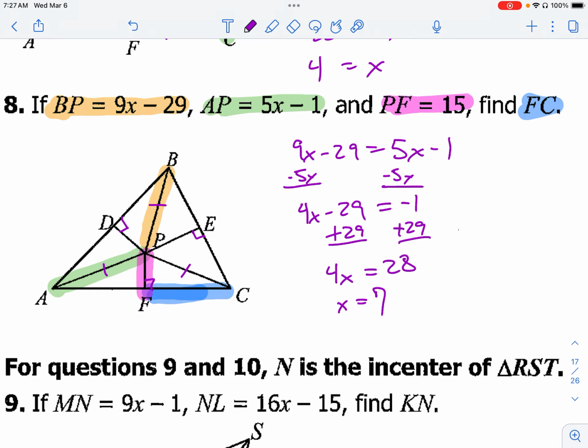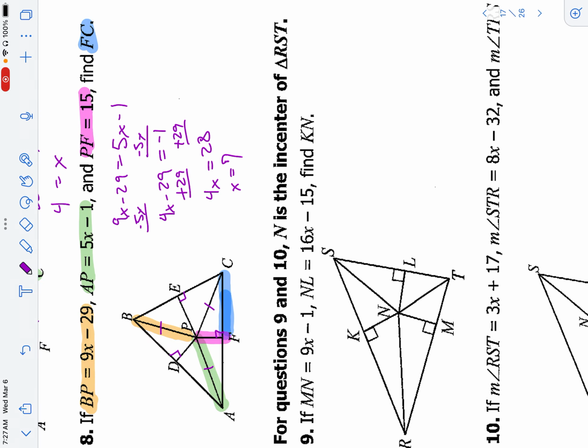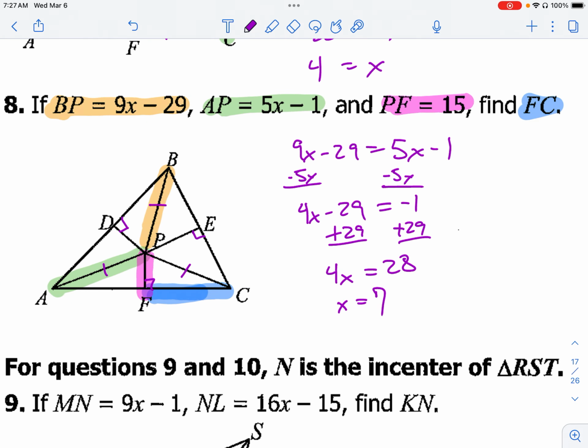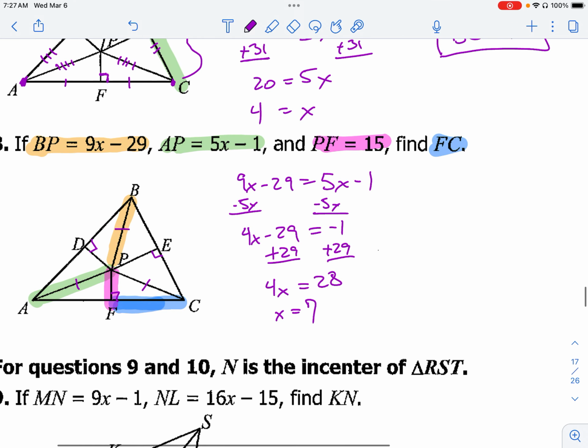And now we know the length of all of the segments from the circumcenter to the angles. And it's going to be 9 times 7 minus 29. So 9 times 7 is 63 minus 29 equals 34.